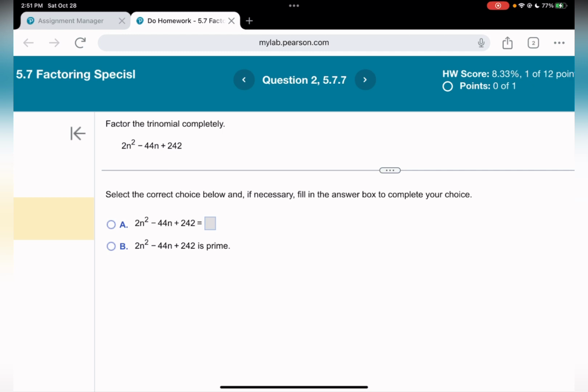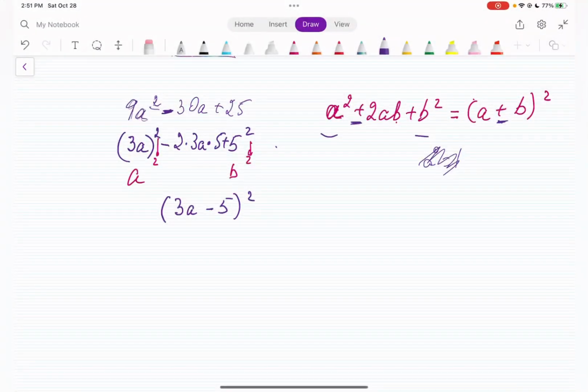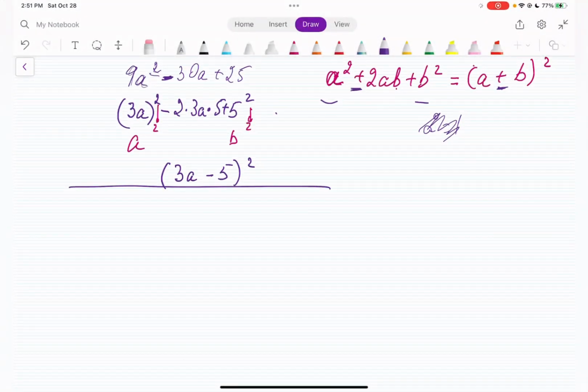All right, the first thing I'm looking for, and that's the first thing you always need to do, is a common factor. Before you start factoring, you look for a common factor. If a common factor exists, the first thing you do is take it out. Let's do it. We have 2n squared minus 44n and plus 242.